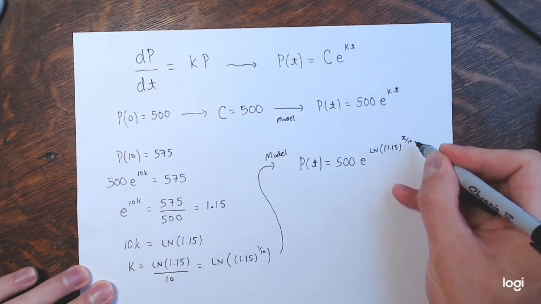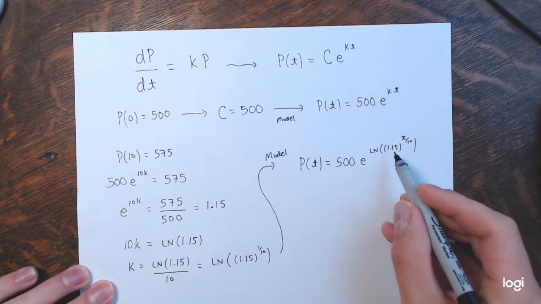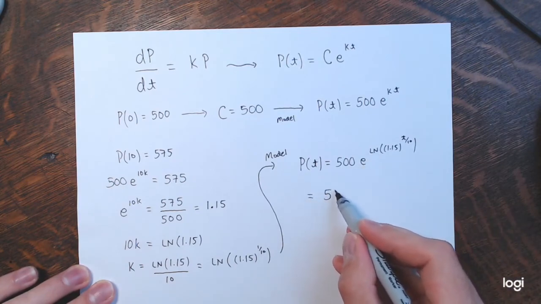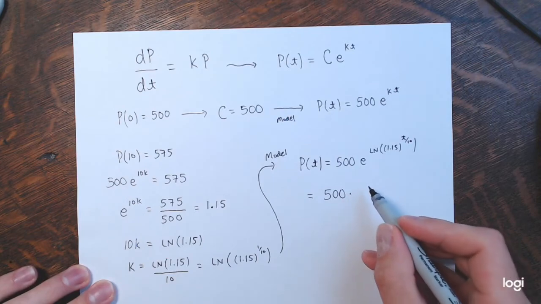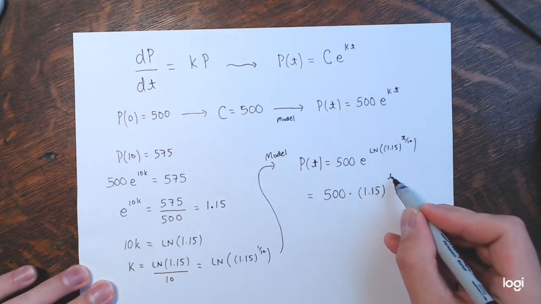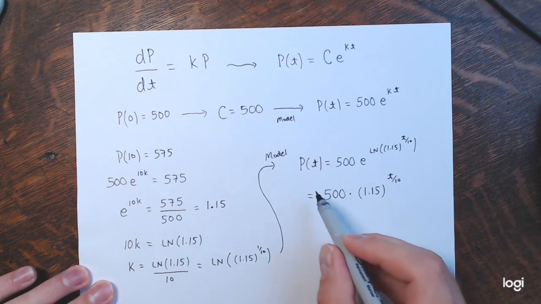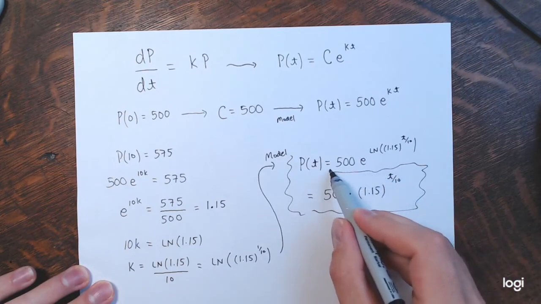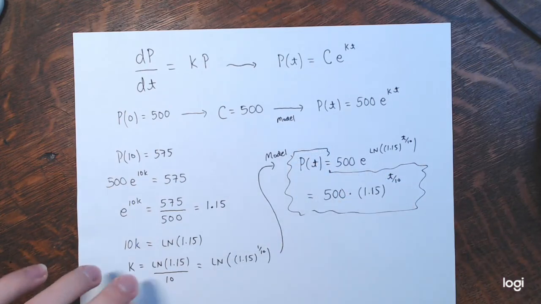I'm just putting the t inside already, and then again the e and the natural log undo one another, and I get 500 times 1.15 to the t divided by 10 power. So I'm going to use this model to answer any other questions they may have.